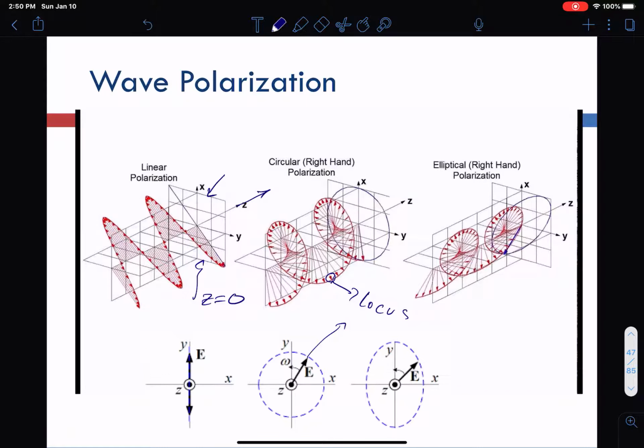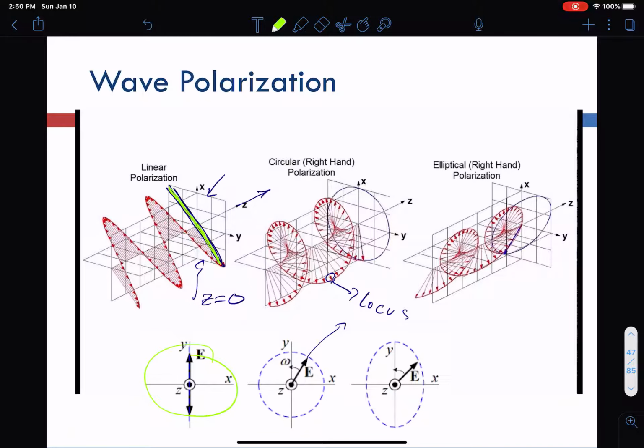Now if you look at the tip of the vector as you observe it from that plane, you will see that for this one, the tip of the vector goes highest over here, then comes down and becomes 0, goes this way, and is highest here, just following this line. Can you see that? Let me take a different color. So that is the line, the tip of the vector going back and forth all the time.